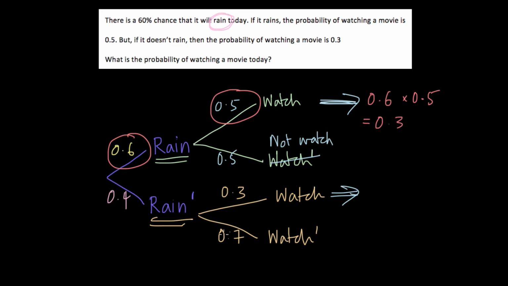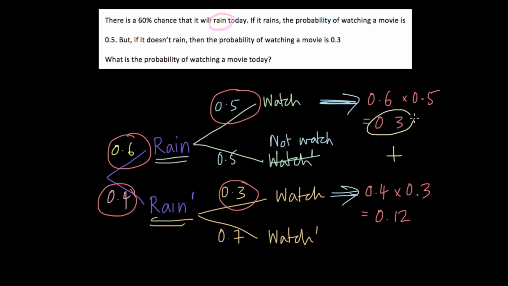Then for this branch, the probability of not raining and watching a movie is 0.4 times 0.3, which is 0.12. Now, going vertically downwards, we have to add the two cases. That's 0.3 plus 0.12. So the total probability of watching a movie today is 0.42.